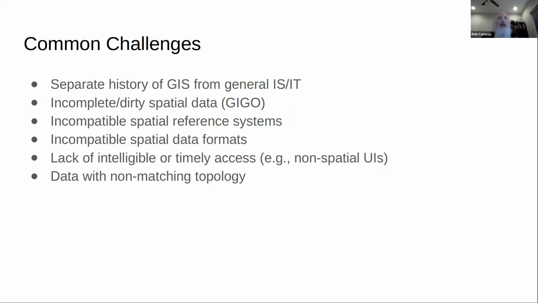The launch of its public API in 2005 made some mapping-specific elements of GIS available to the masses, which completely remade the landscape, pun intended, and put GIS concepts and tools into the spotlight, along with all the other challenges associated with the use and integration of spatial data, such as incomplete and dirty data, data sets with incompatible spatial reference systems and formats, a dearth of spatially aware user interface support, and even where all of these problems are absent or resolved, geometries from the same or multiple sources that don't mesh together intelligibly.